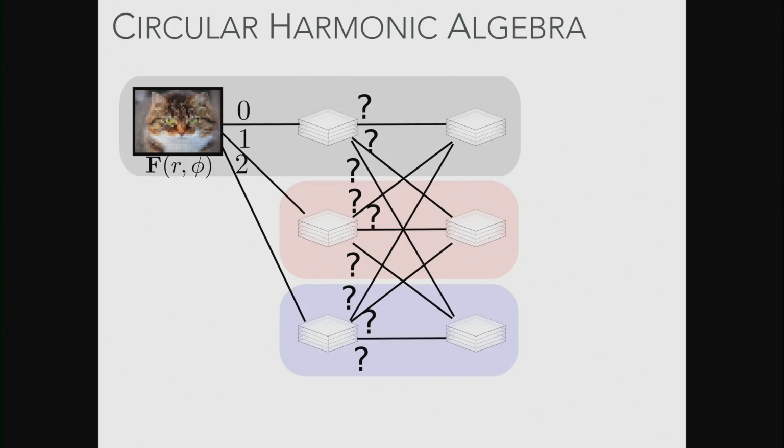So I've taken a convolution and I apply another convolution of different frequencies. So this is going to be frequency 0 followed by 0. This is going to be frequency 1 followed by -1 to get back to 0. Frequency 1 followed by 0, frequency 1 followed by 1, or just frequency 2.